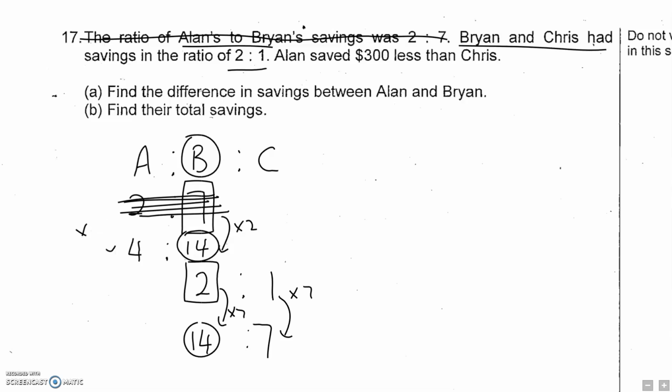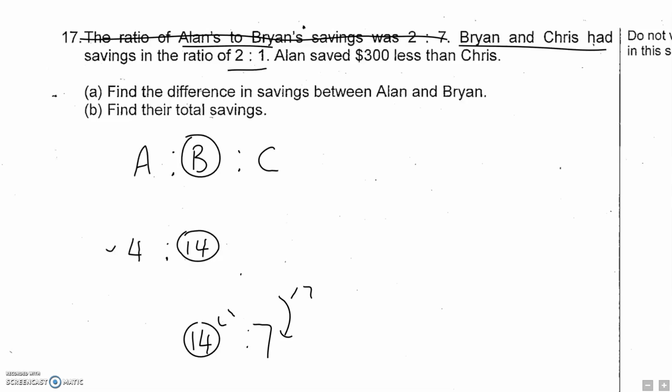So we're not going to care about those nonsense ratio that was given by the question. Instead, we're going to take the new ratio that we changed to, which is here. Okay, erase will make things clearer. So now the story matches. Both of them are 14. Because we are talking about the same person, of course, they have to be the same unit.